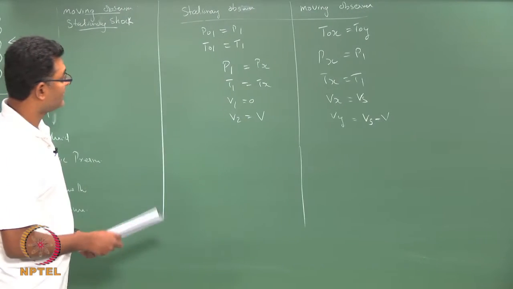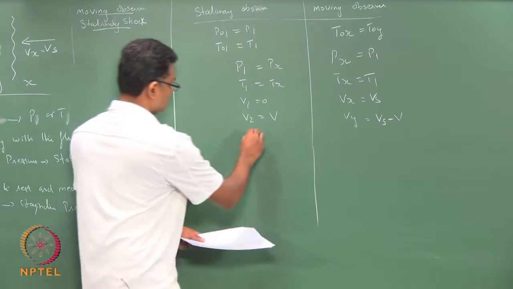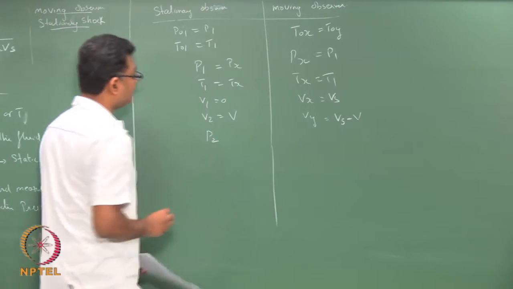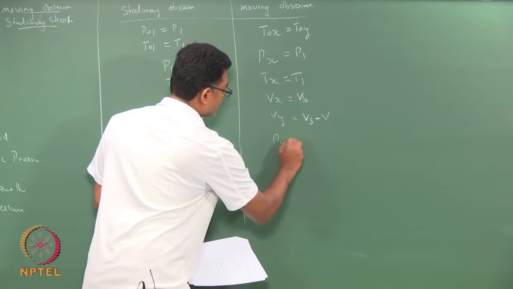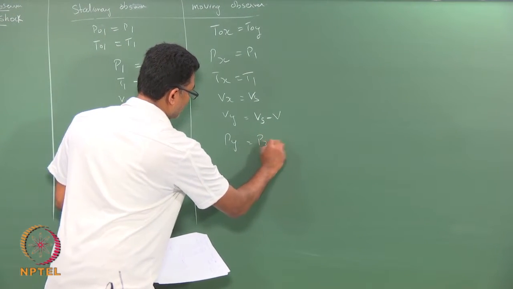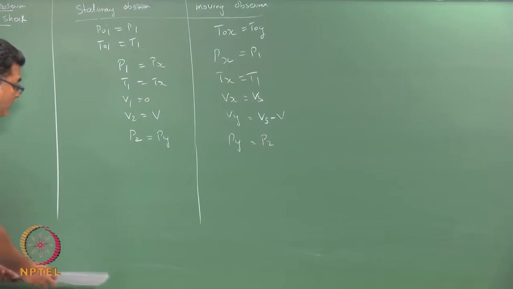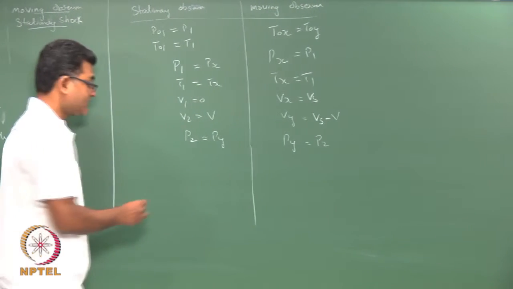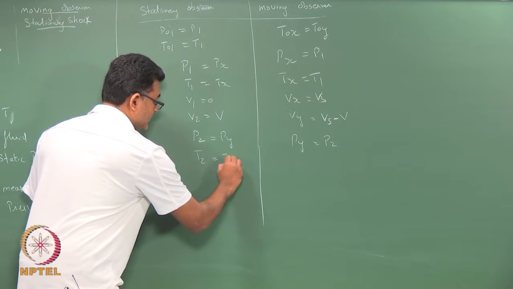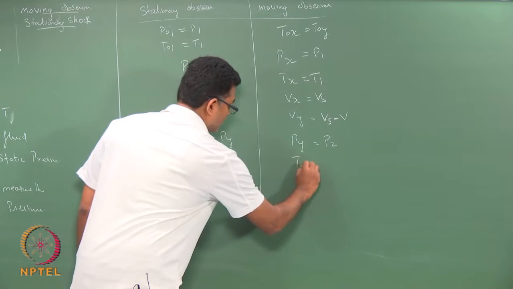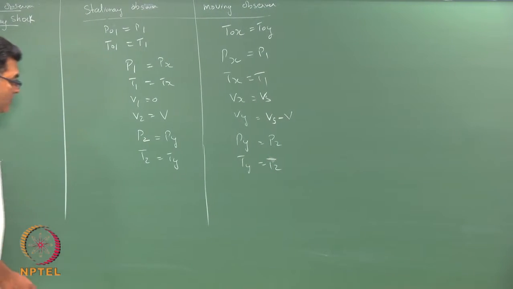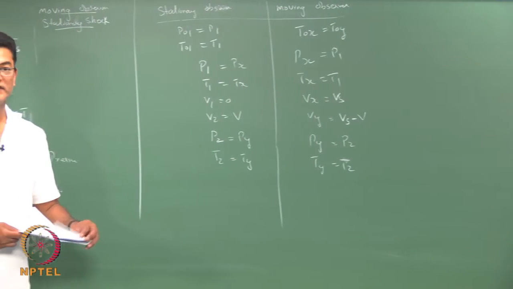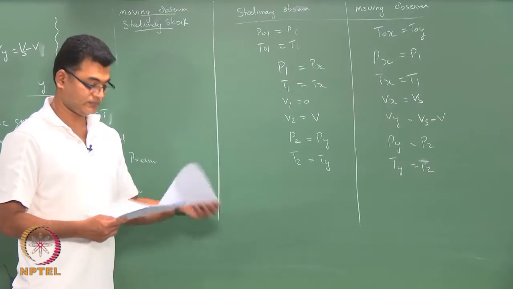And the static quantities after the shock is also, so you can write P2 is my Py and Py is my P2. Likewise, T2 also, because that is a static quantity which is not changing because of the coordinates, whether it is moving or this thing.